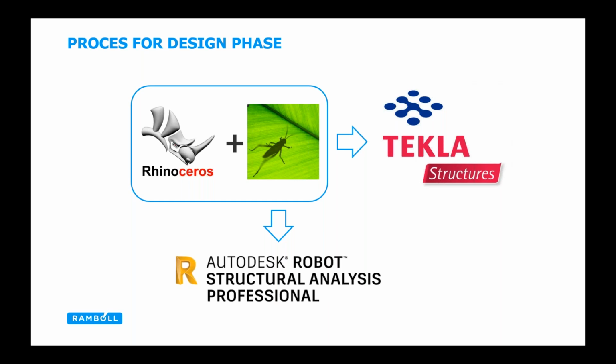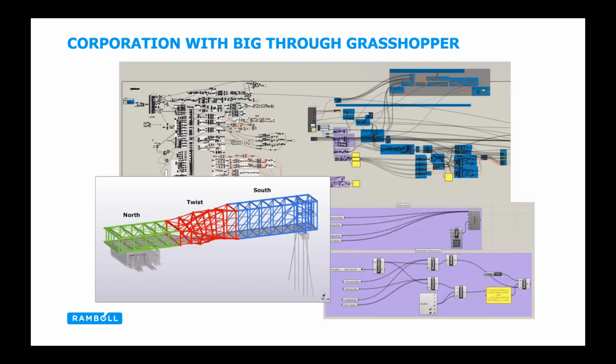And then the designers used Tekla for the CAD model and drawings, and Robot analysis tool for the global analysis of the steel structure, right? So this is the software tool package that was in their hands at that time, 8 years ago.